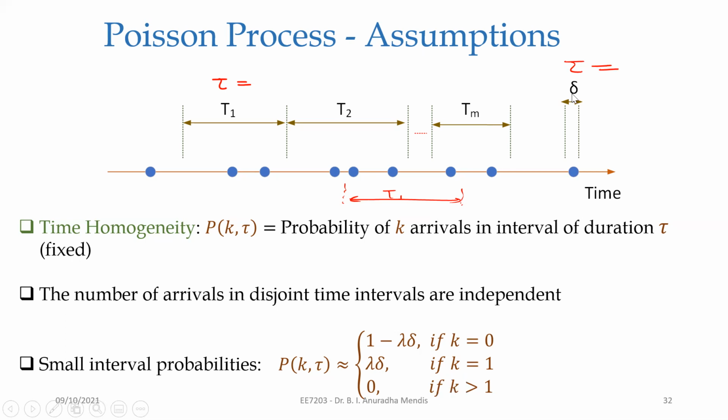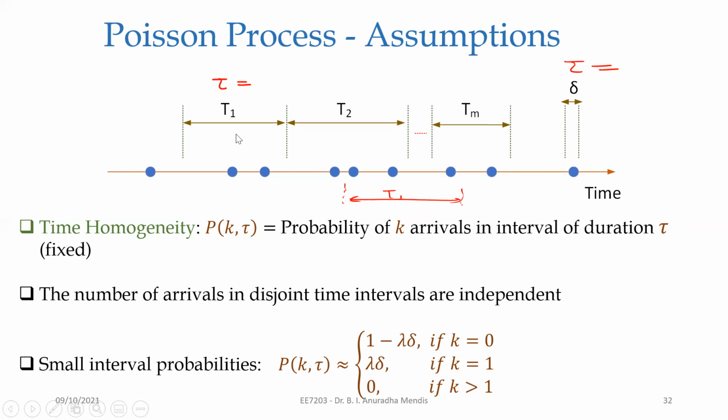If you select this delta time, a very small time, maybe you divide it to microsecond level or nanosecond, it's a very small time interval. So what is the probability of more than one arrival? That means 2 arrivals, 3 arrivals. So that is 0, no? Why?